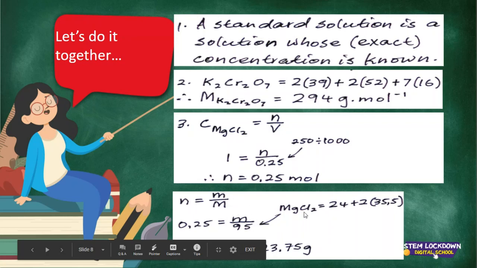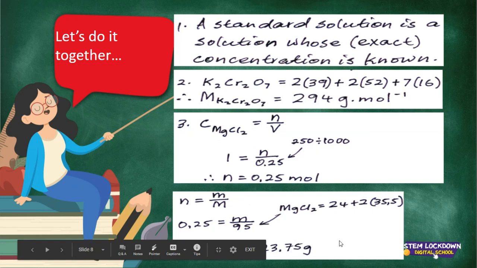The molar mass is calculated like this: magnesium 24 plus 2 chlorine atoms, 2 times 35.5, which is 71, plus 24, which is 95. That is the molar mass of magnesium chloride.